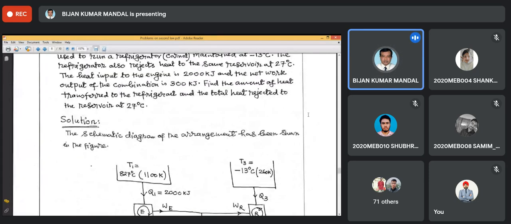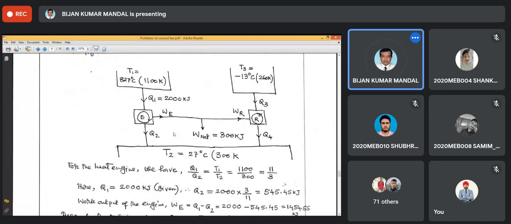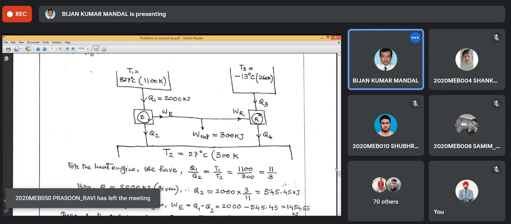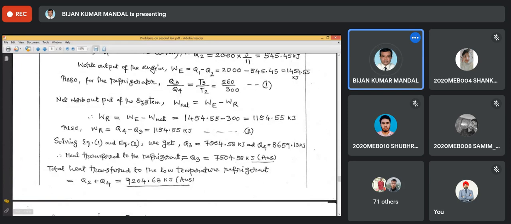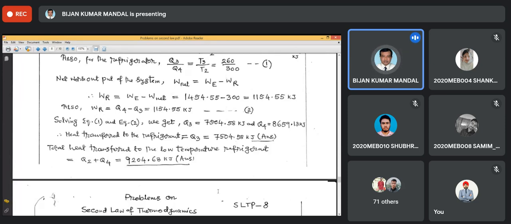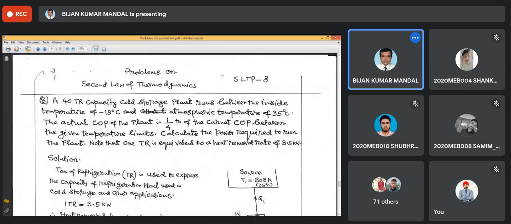And the total heat rejected to the refrigerator reservoir at 27 degrees centigrade means you have to find the summation of Q2 and Q4. So that we did, that is the total heat transferred to the low temperature reservoir is equal to 9204, just adding that. So this is, I think, another good problem.